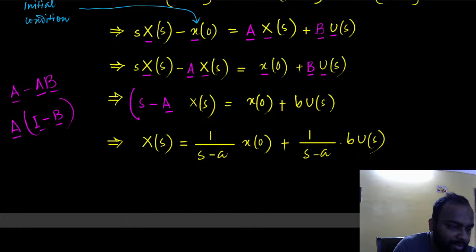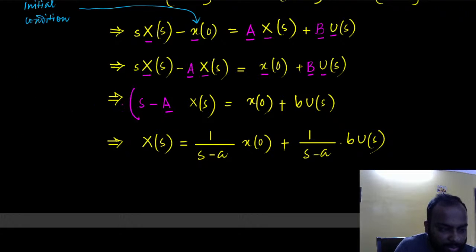Because A can be considered to be A times I, since I is the identity for matrices. That's understood, I think, because we discussed this at an earlier class.